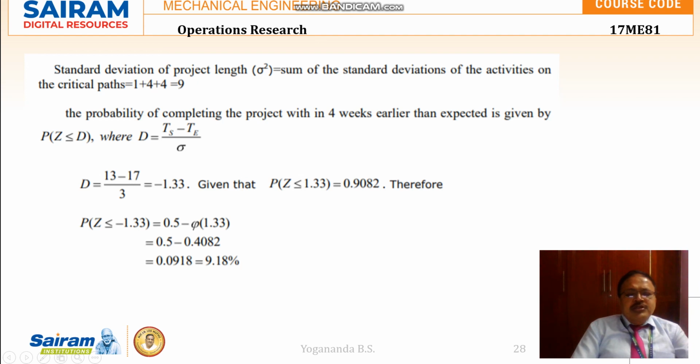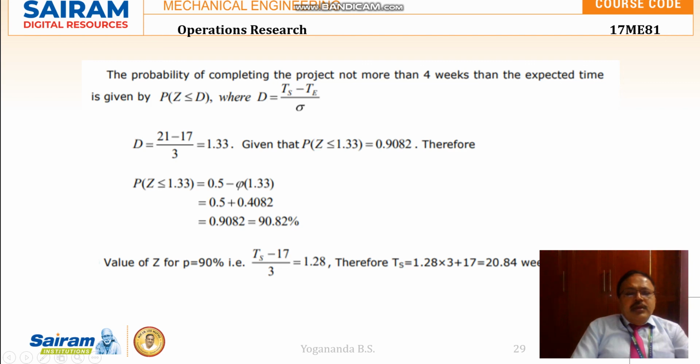If the project scheduled time is more than the expected time, then my D value will be 4 weeks more than the expected time. So that is 17 plus 4, it will come 21 minus 17 divided by 3. So it becomes plus 1.33. So for this minus 1.33, referring to the normal distribution curve, we calculate the probability as 9.18 percent.